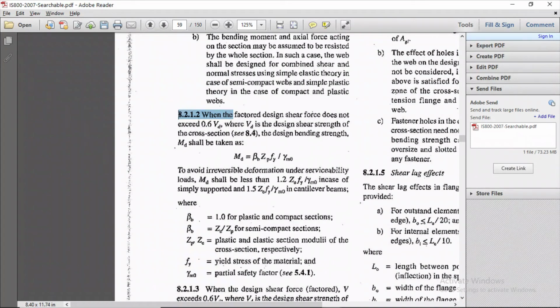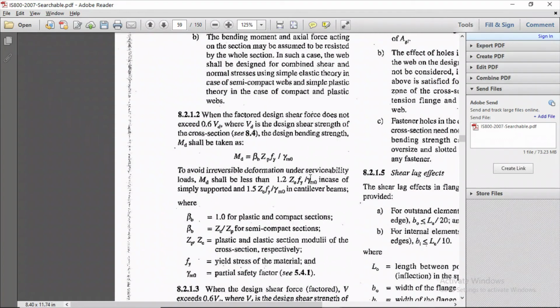So MD is equal to this formula, beta B into ZP into Fy divided by gamma MO, right? To avoid irreversible deformation under serviceability loads, MD shall be less than 1.2 ZE Fy divided by gamma MO in case of simply supported, and for cantilevers it is 1.5 ZE Fy divided by gamma MO. But we are not going into that because we got the values.